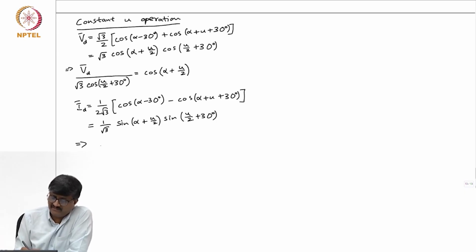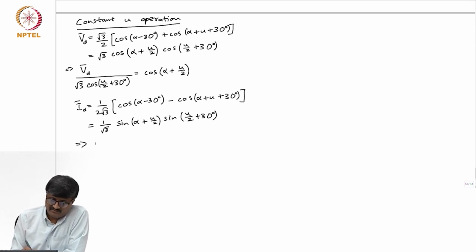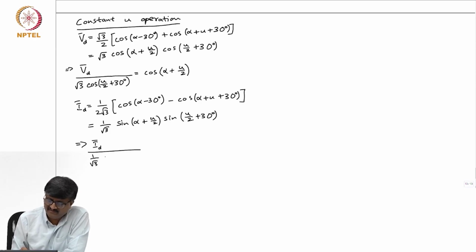And in the second equation also, I push the factors other than sine(alpha plus u by 2) to the left hand side. So I get Id divided by 1 by root 3 sine(u by 2 plus 30 degrees) is equal to sine(alpha plus u by 2).